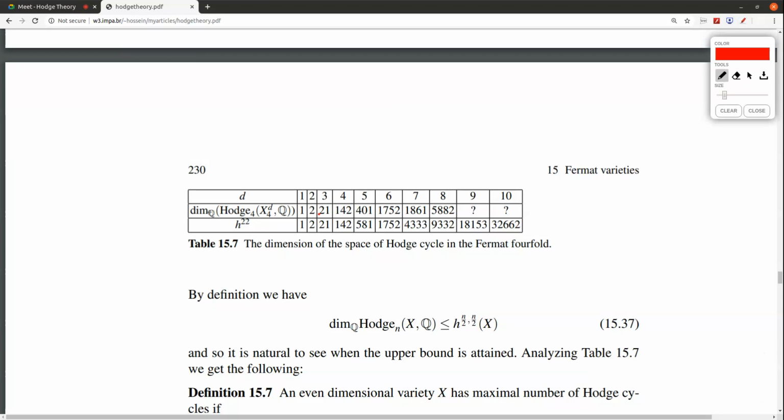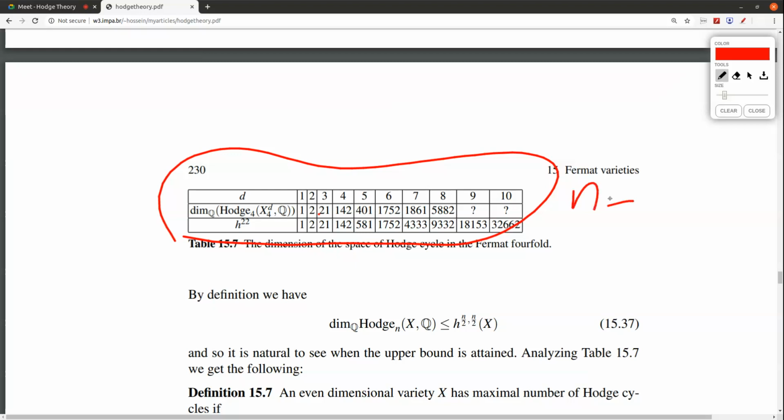So the space of Hodge cycles. By the classical presentation of the space of Hodge cycles, it is clear that the dimension of the Hodge cycles must be less than the Hodge number h^{n/2,n/2}. In this case, this table is for n equal to 4, and then the degrees vary.